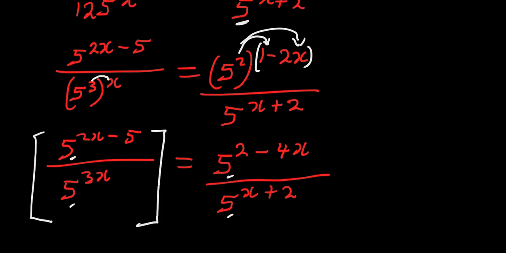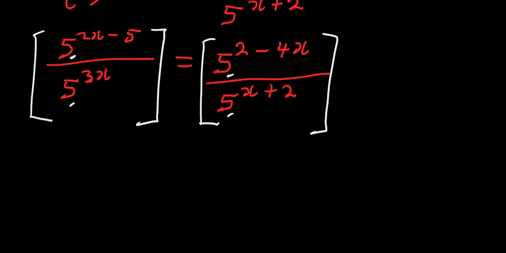Since you have the same base at the top and the same base at the denominator, all you have to do is write this as a single base, and that is the division rule of exponents. We are going to do the same to the right, since you have the same base of 5 and 5. So we write them as a single base of 5, and then subtract the exponent of the denominator from the exponent of the numerator.